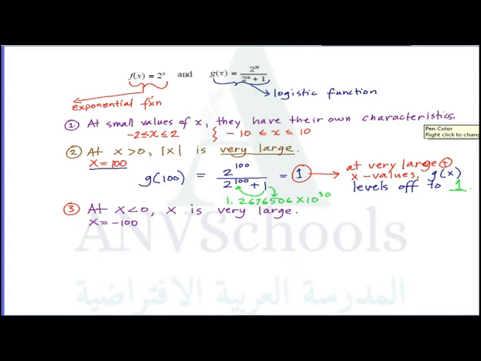Then your g of negative 100 will be equal to 2 raised to negative 100 over 2 raised to negative 100 plus 1.